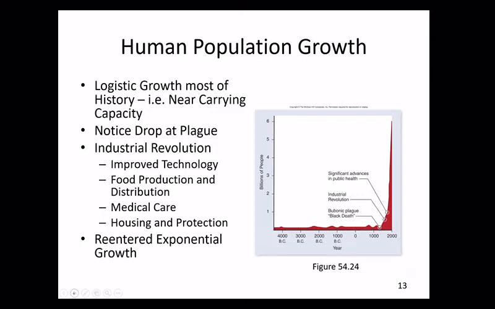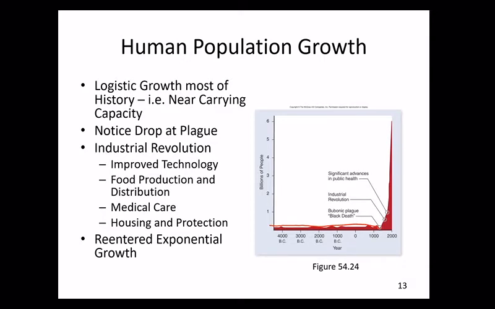And so human population growth, we've seen for a long period of time, it looks like the human population was at or near the carrying capacity, which in this case we would probably estimate at 20 to 50 million people that were present there.